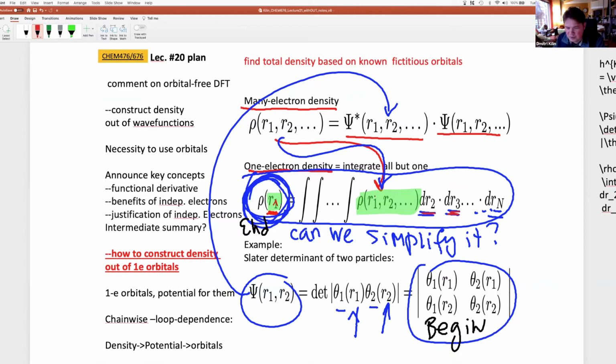So we skip number 1 and then perform integration over the position of electron 2, position of electron 3, up to the position of the last electron. If I would add dr1 here and one more integral, then the result will be equal to the number of electrons. But if I do not do the last integration, I am obtaining a function of R1. I'm obtaining the density of all electrons evaluated at position 1.